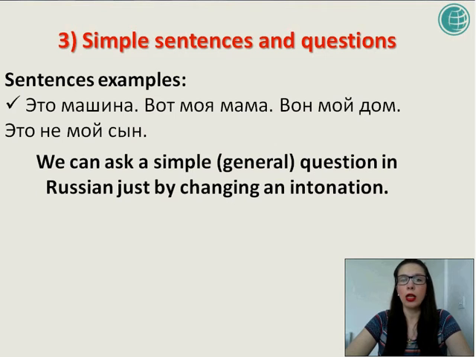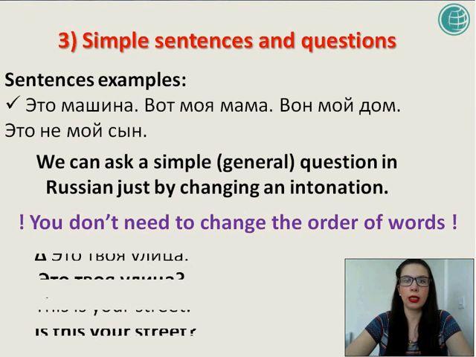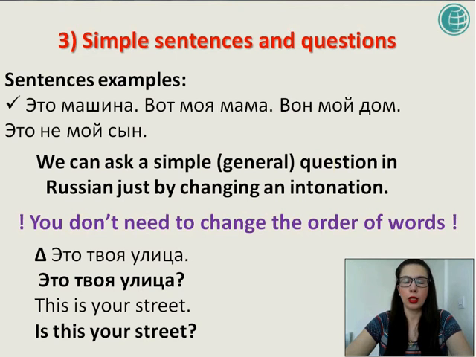And we can ask a simple general question in Russian just by changing an intonation. You do not need to change the order of words. Let's look at these examples. Russian sentence: Это твоя улица. This is your street. In English language, to ask a question, you need to change the order of words.